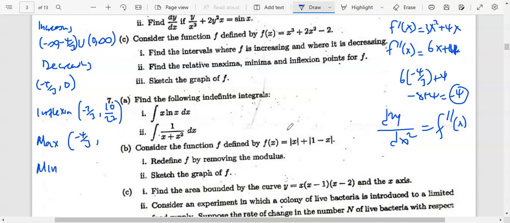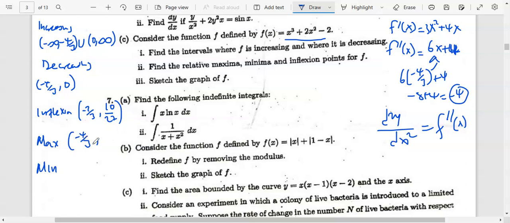Now we need to find the y value. You find the derivative and equate it to 0. Now get the other value we found: when we found the derivative and equated it to 0, we found 0. Input 0 in the second derivative and you'll find 6 times 0 plus 4, which is 4, positive.